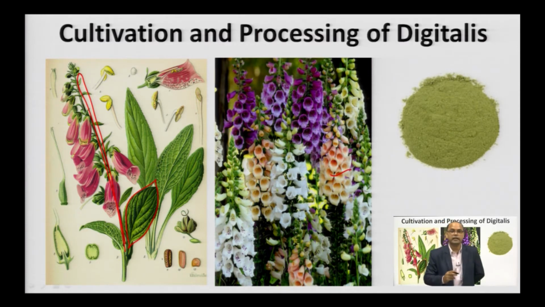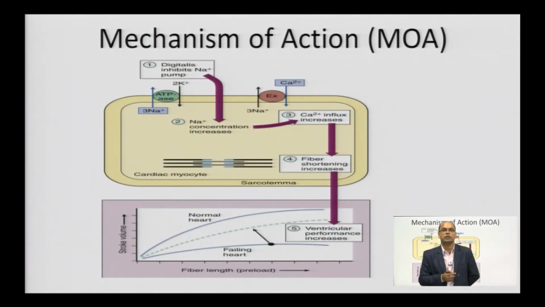The flowers have a very minute concentration of digoxin, but the main source for isolation of digoxin is the leaves. This is the powder of the Digitalis leaves, from which we are going to isolate digoxin. So, let us move on to the isolation part.